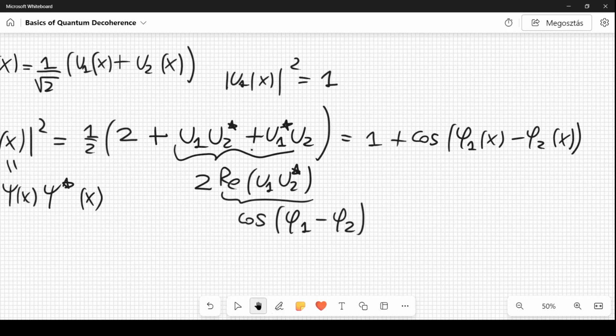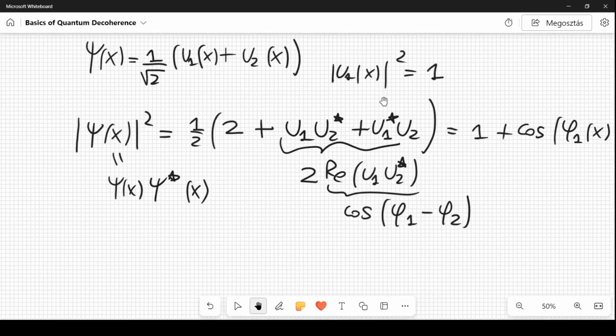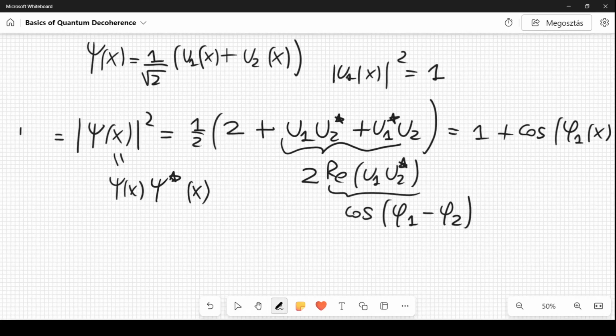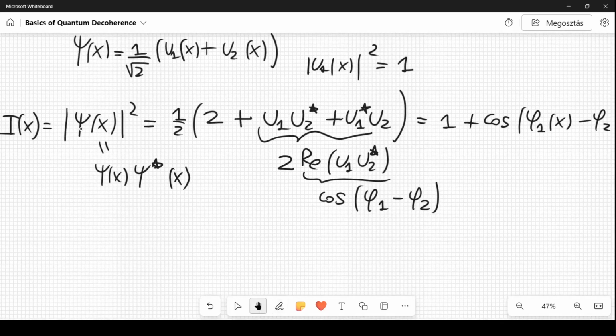So you can see that this square is something that we can take as an intensity that we see on the screen, for example. So we can take this as an intensity of the wave. So if the intensity is higher, then we have a greater probability to find the particle there.